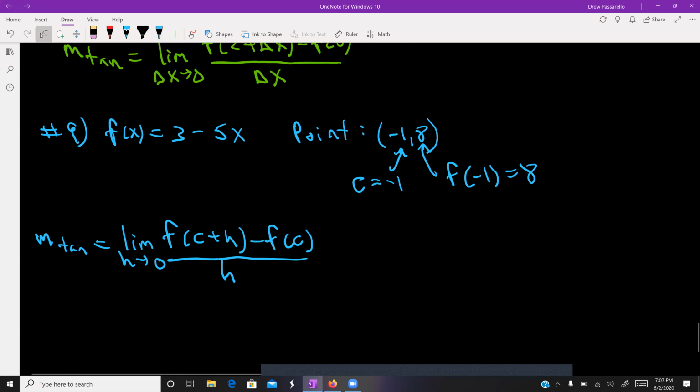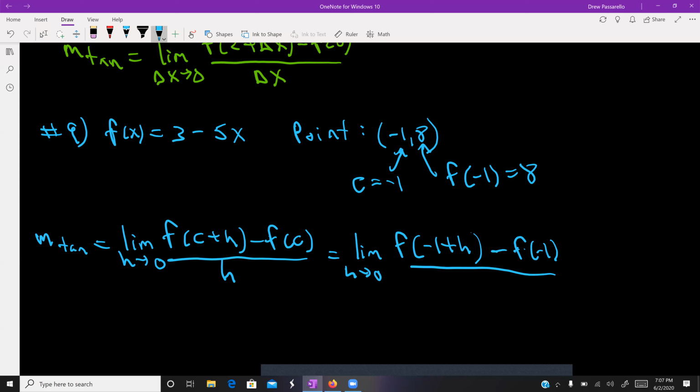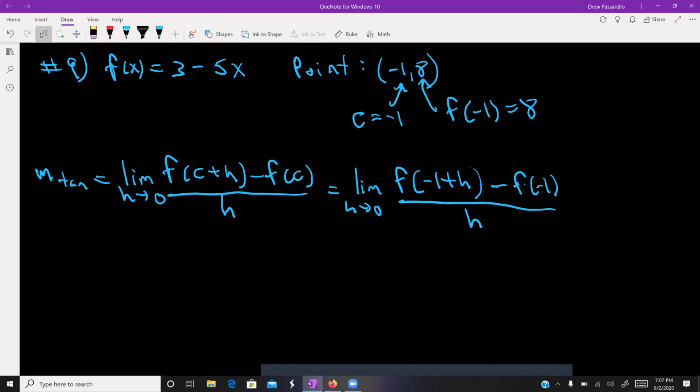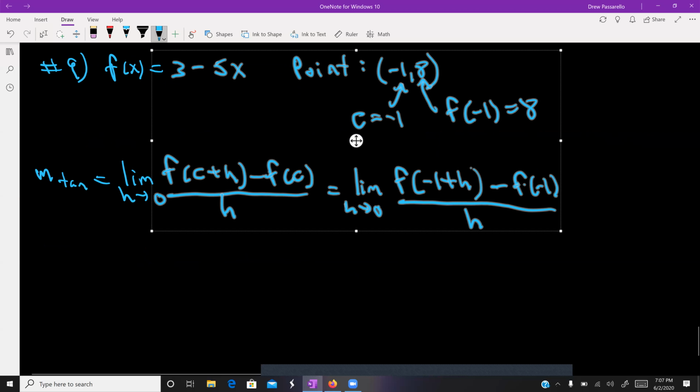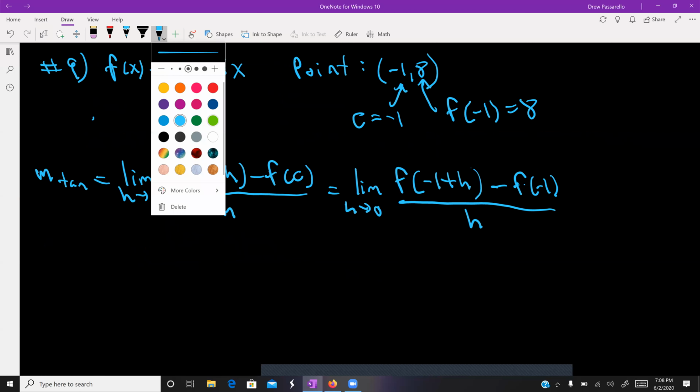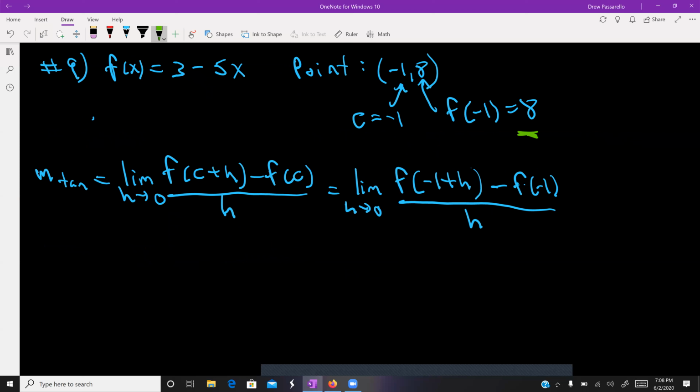So this will be the limit as h goes to 0 of f of -1 plus h, so I'm just plugging in -1 for c, minus f of -1, divided by h. Well, we already know that we have 8.